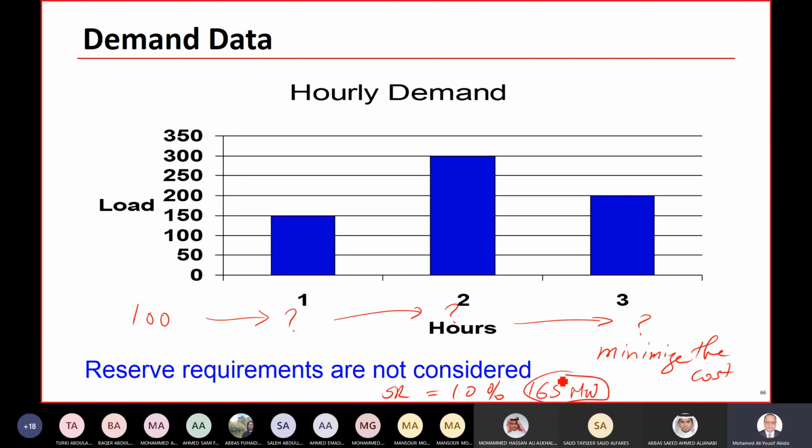But here it is mentioned clearly that the reserve requirement is not considered. So you work on these levels 150, 300 and 200.